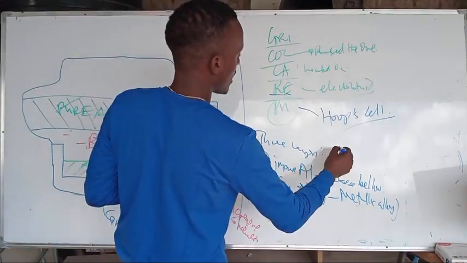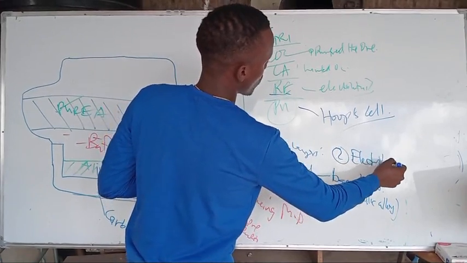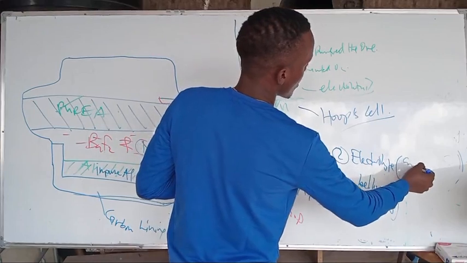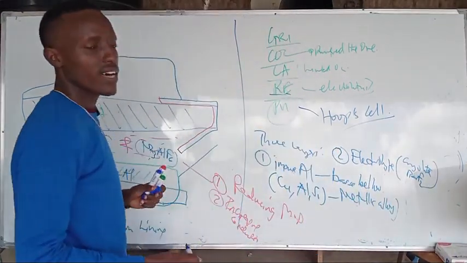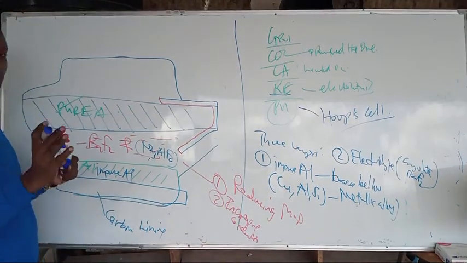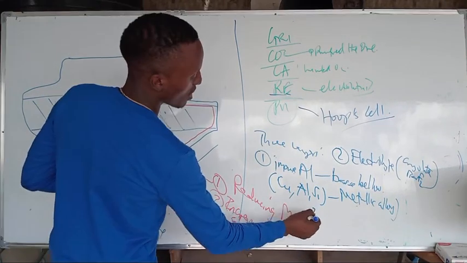So the second layer is the electrolyte, which is cryolite and the barium fluoride, the fluorspar. Do you get that? Then the third layer, which is now the pure.